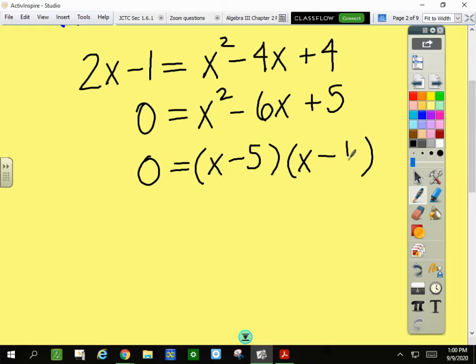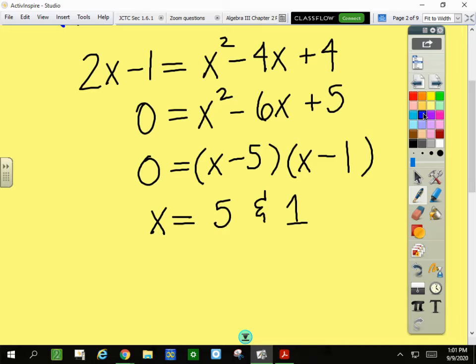I was a little slow there, sorry. So -5 and -1 add to get -6 and multiply to get +5. So our solutions, if we set each factor equal to 0, we get 5 and 1. So that's our solution so far.